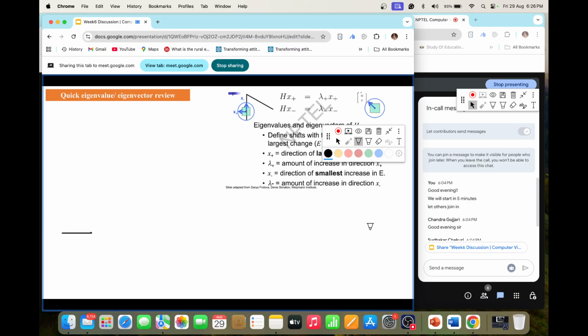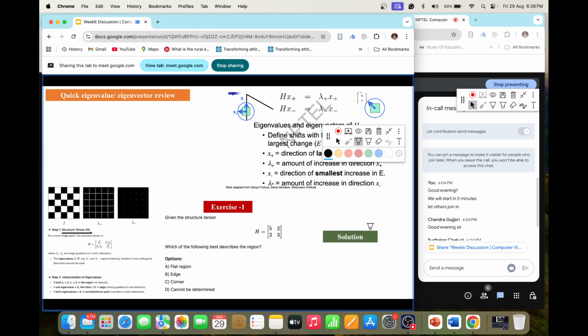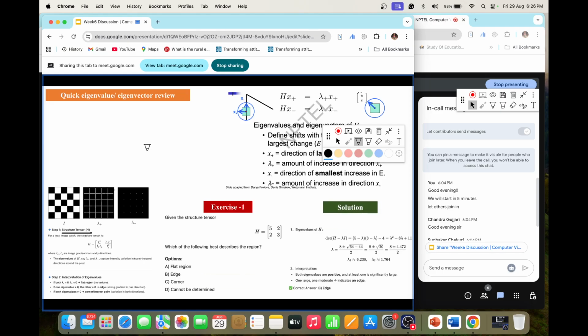Now this is a quick eigenvector review. An eigenvector satisfies H times x equals lambda times x.